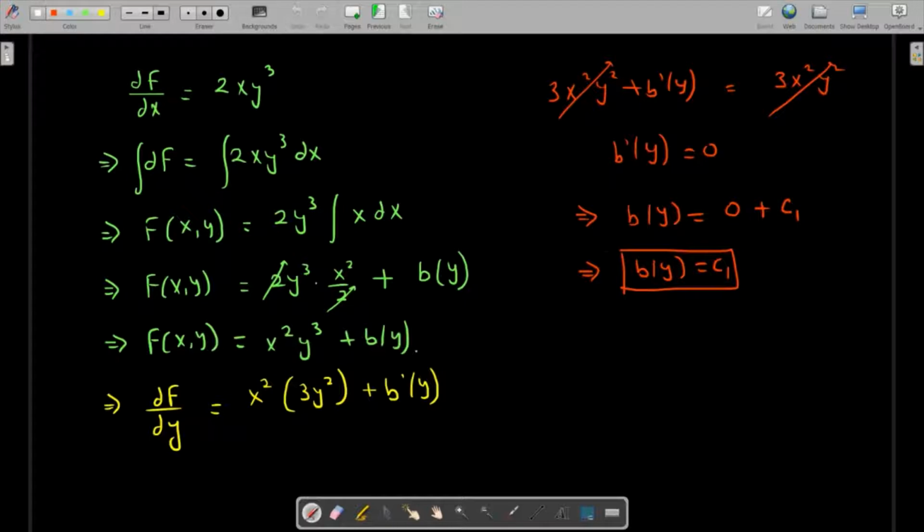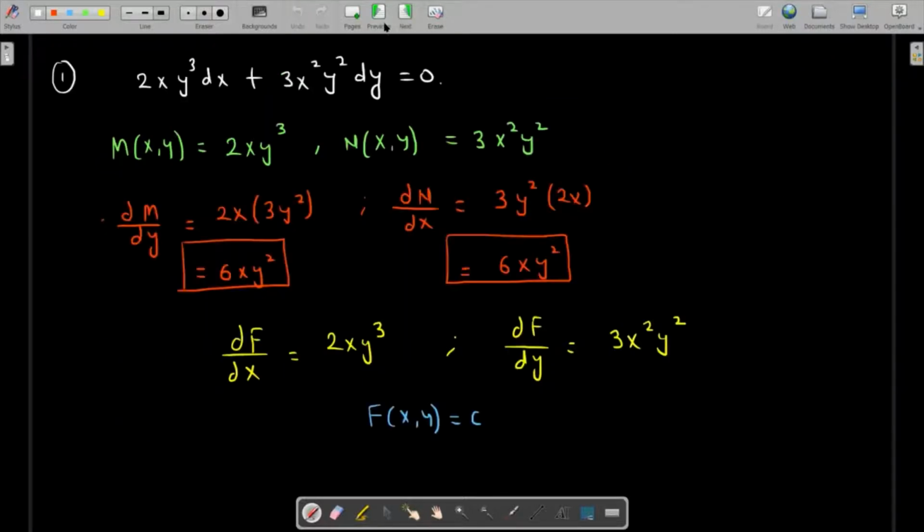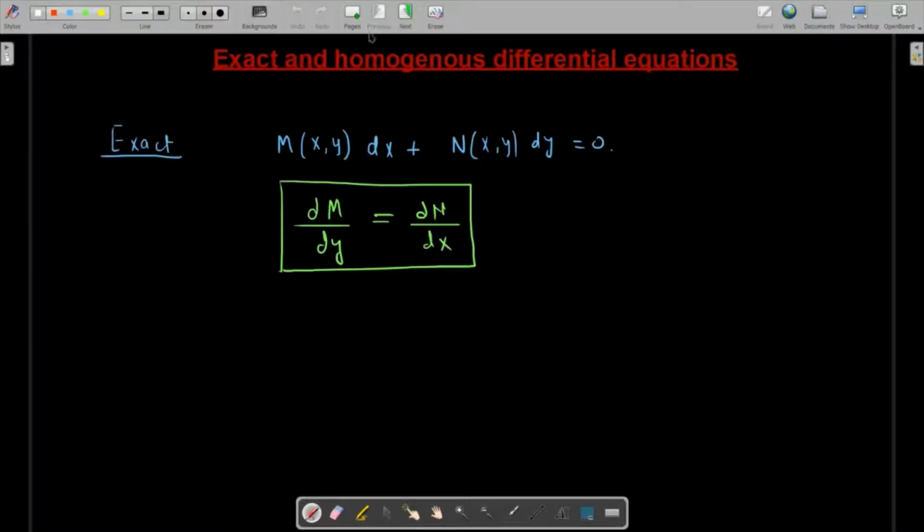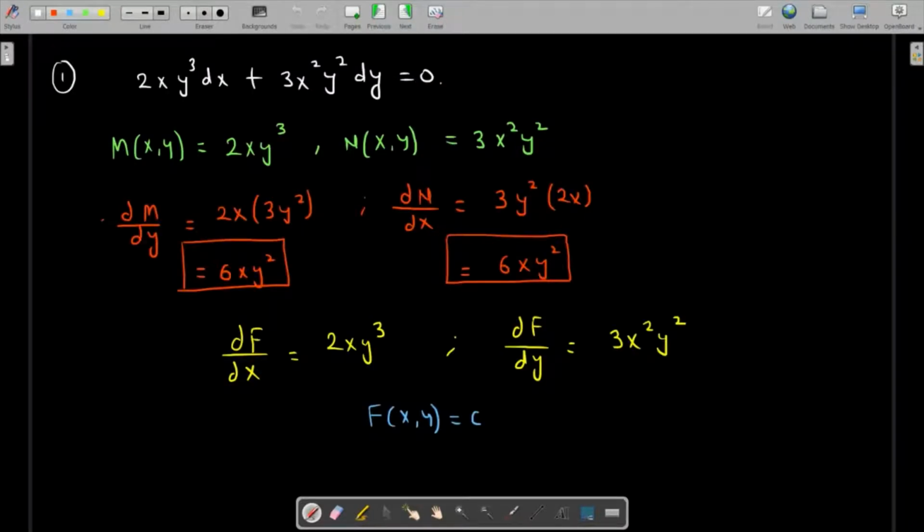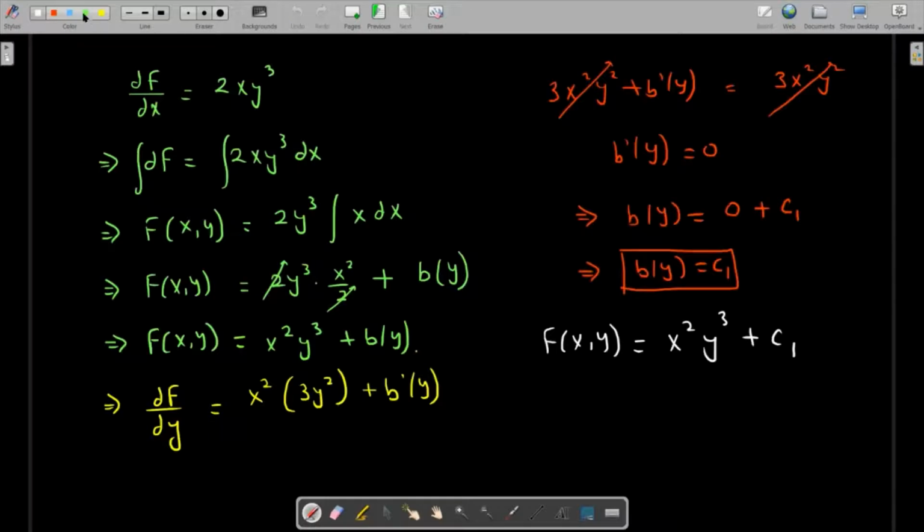So if we plug this in, we get the value of f of x y as x square y cube plus c1, because the value of b of y is c1, and since the equation is of the form f of x y is equal to c, we are going to rewrite the final answer as x square y cube plus c1 should be equal to c, and both the constants can be merged together.